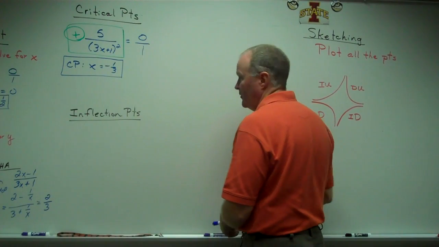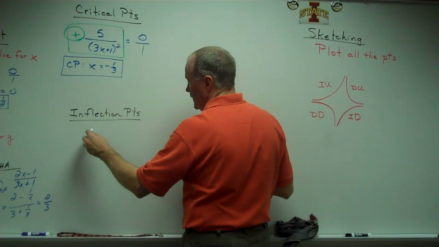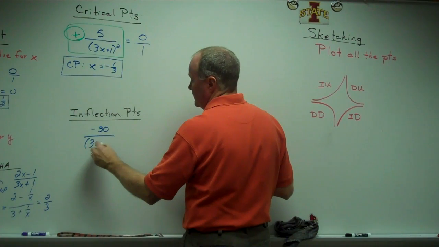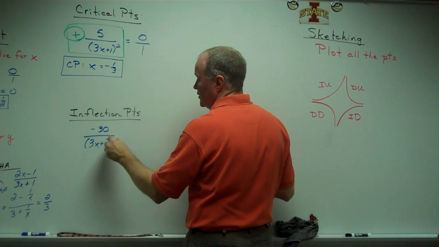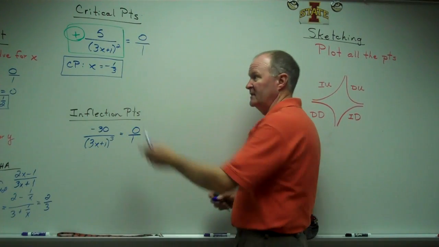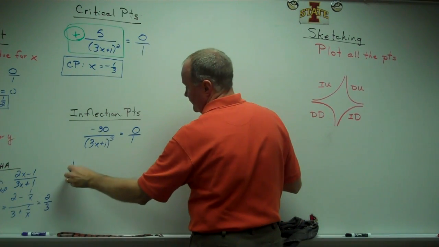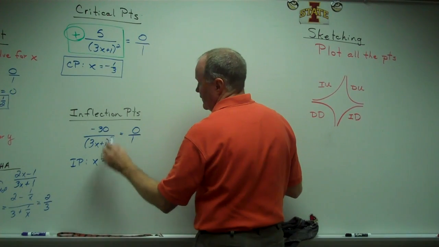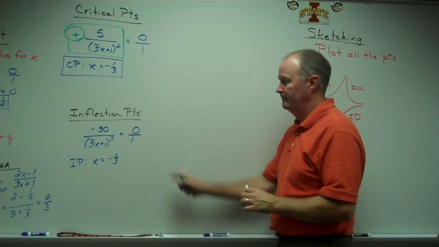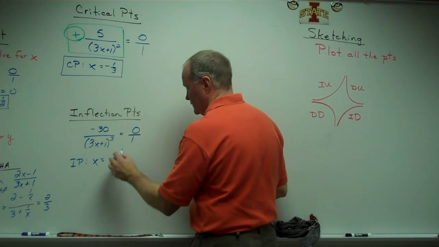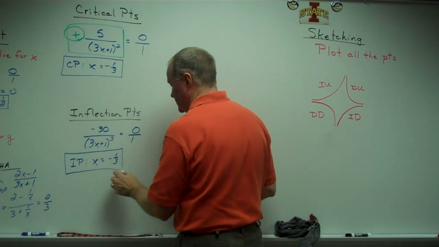All right, inflection points. Negative 30 all over (3x + 1) cubed. Oh, I have that same thing to worry about, right? That blows it up. If I cross multiply, I get nothing. There's my inflection point.